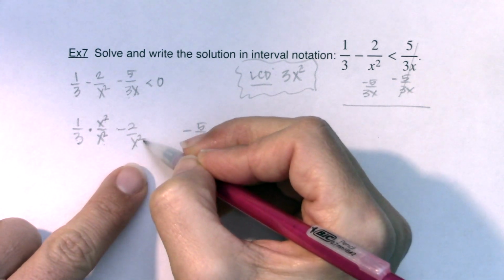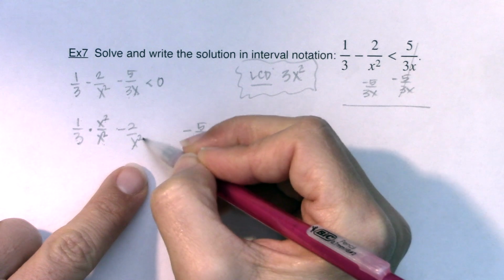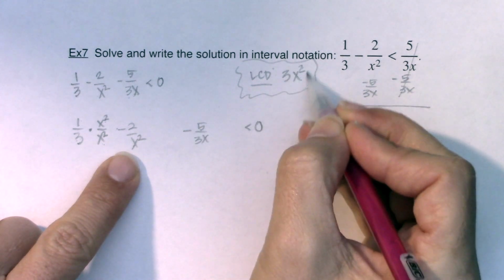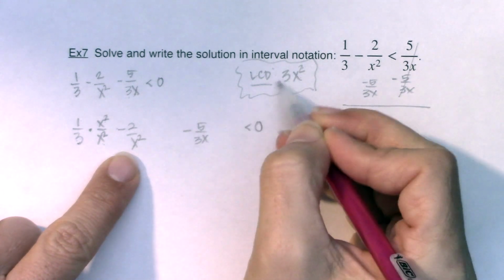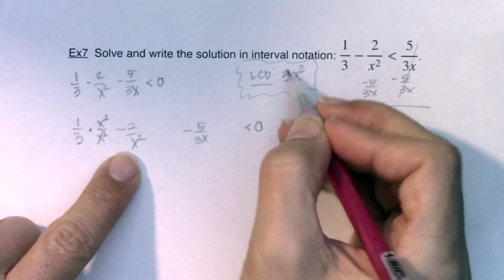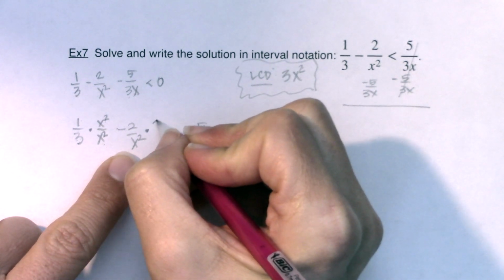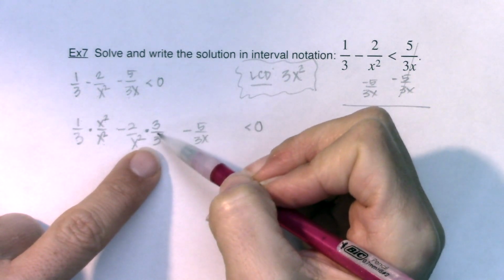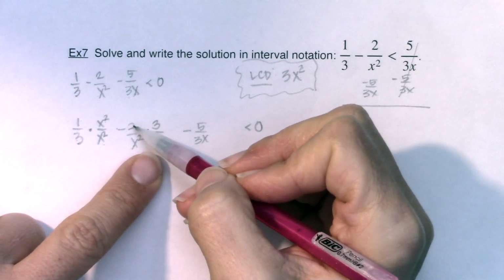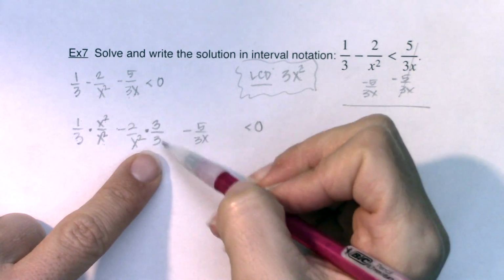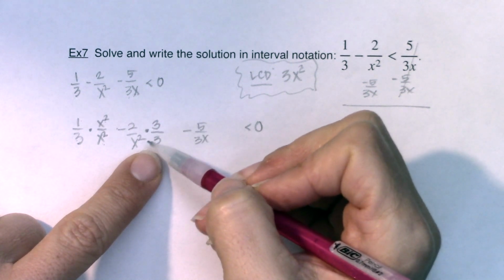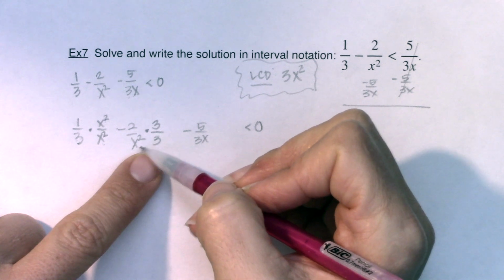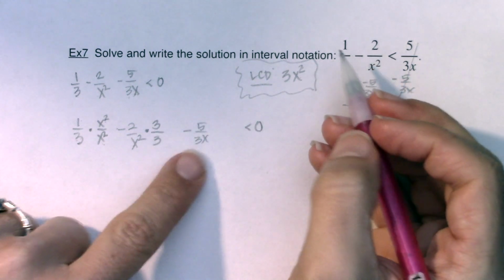If I compare the denominator x squared to the least common denominator of 3x squared, what am I missing? A 3. So I'm going to multiply this fraction by 3 over 3. Again, 3 over 3 is 1, so I'm only multiplying by 1, keeping it the same. It's just going to look a little different, and it's going to allow me to add and subtract fractions.